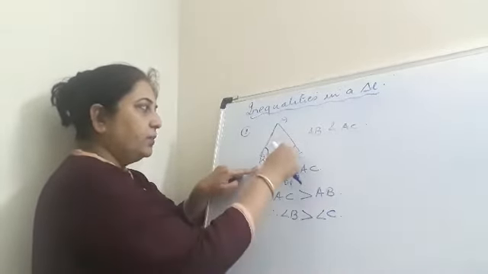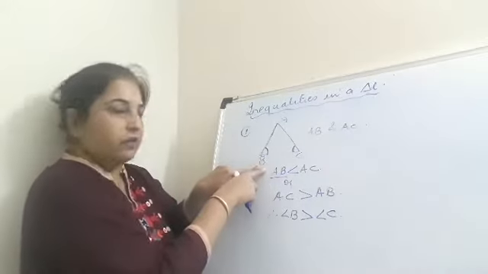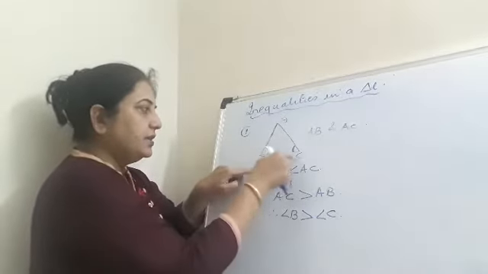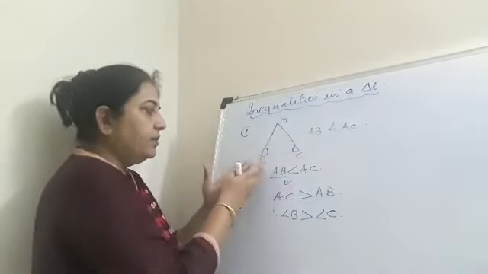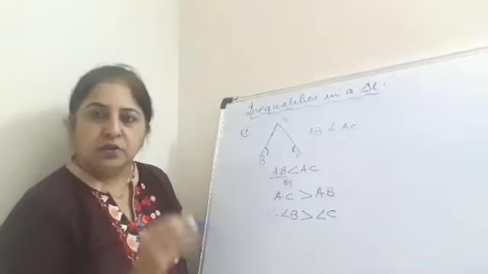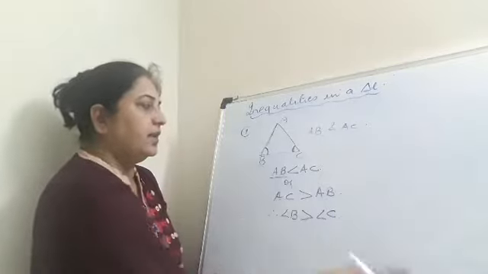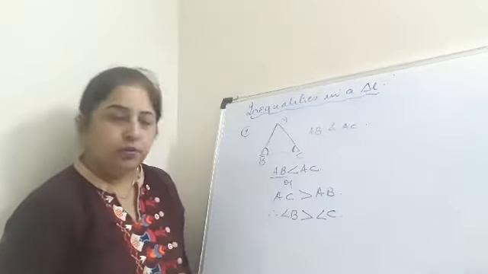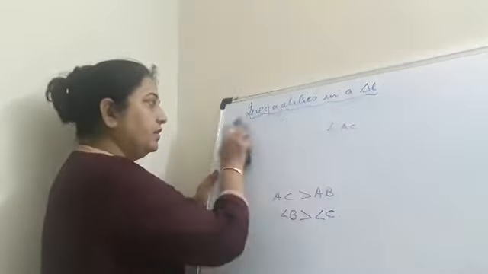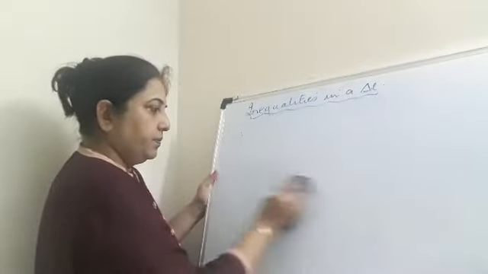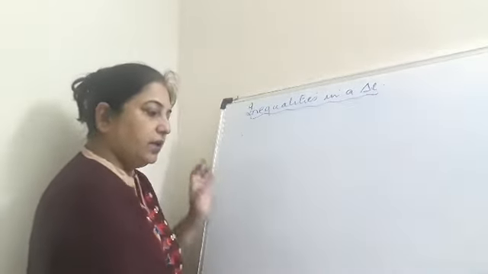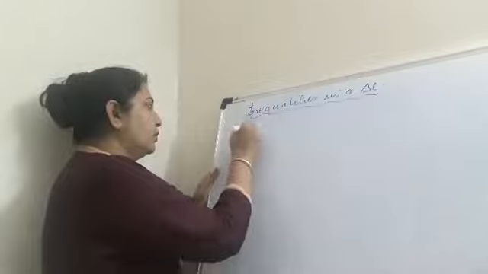What is the angle opposite to AC? B. What is the angle opposite to AB? C. So angle B will be greater than angle C. So this is your first inequality, right? Now, you will copy these inequalities down in your notebook, you will learn them, and then we will apply them in the exercise. Now the second inequality.